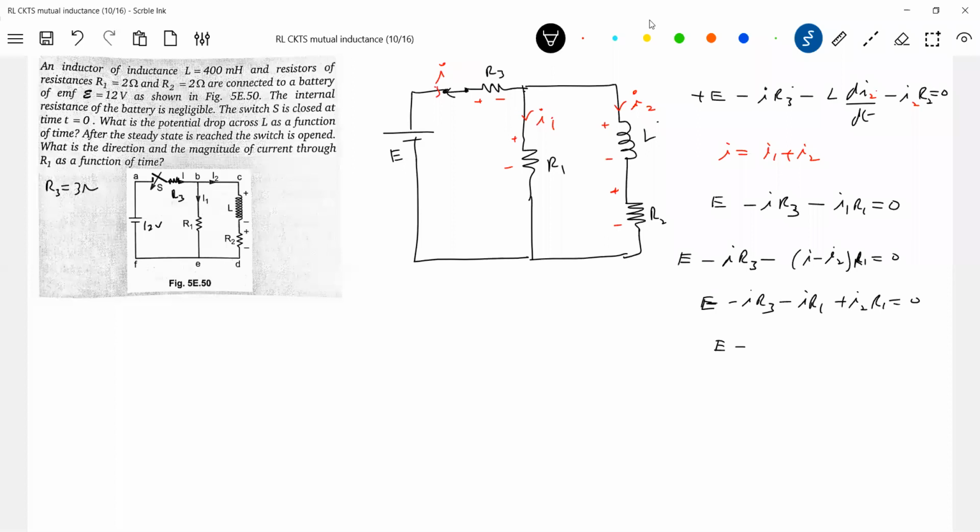So replacing the I1, I replace with, yeah, fine. And this I will be E plus I2 R1 by R1 plus R3. I think we know all the values, so rather than making a problem of it, this equation will be, what is E? E is 12.